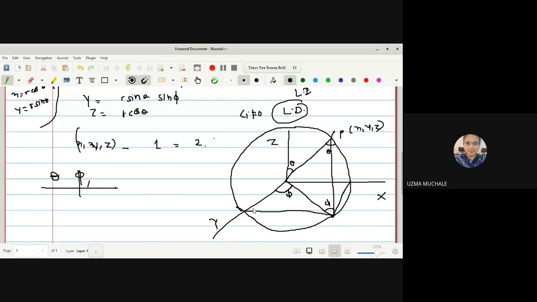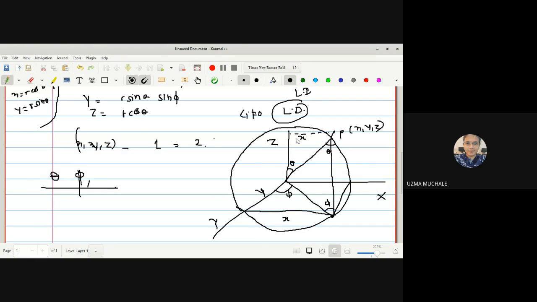Correct? So here we complete our parallelogram, and this is your y coordinate, and this is your x coordinate for the particle. So I will write this x coordinate here. The distance here will be the same as the distance here, correct. So this is also your x.